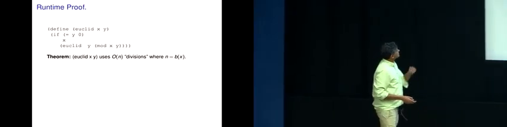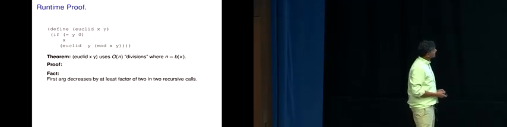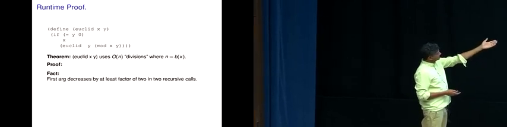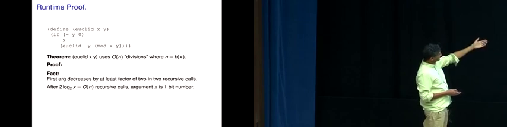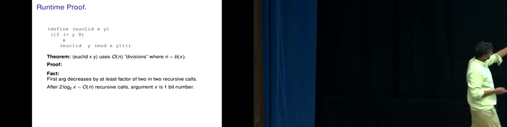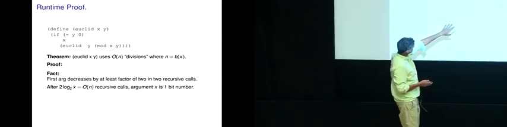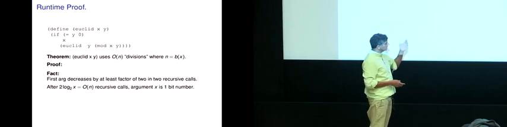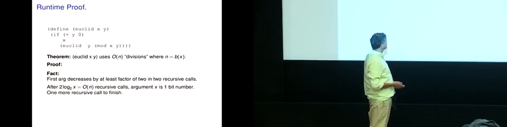Okay, so now this is the fact I want to prove. If the first argument decreases by at least a factor of 2 in 2 recursive calls, I'll prove it on the next slide. After 2 log base 2 of x, or order n recursive calls, the argument x is a 1-bit number. Once you're at a 1-bit number, you're basically done.